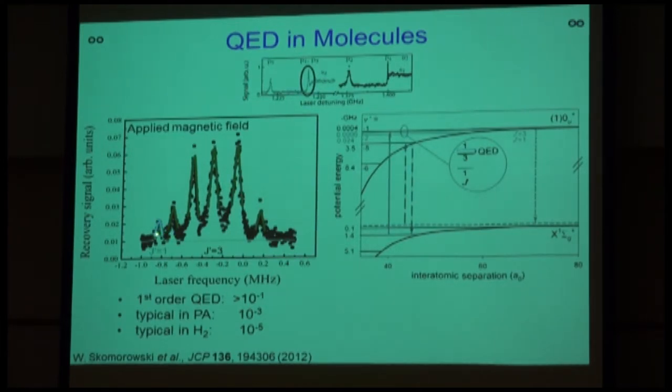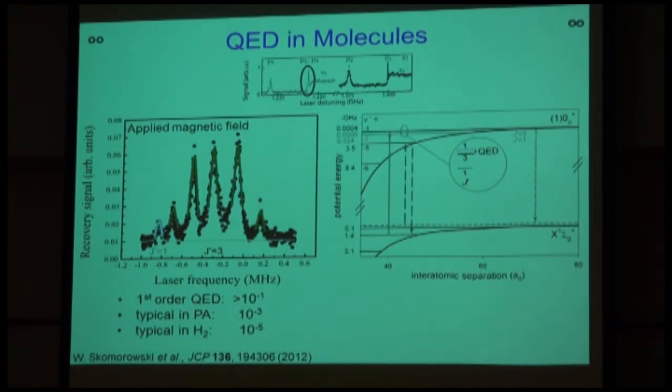And they're degenerate, so you can see one component of one and 5 components of the other transition. So we want to focus on the ones that are closest to the asymptote for the most greatly enhanced QED effects. In fact, the first order QED retardation effect for this molecule is expected to exceed 10%, which is quite unusually large.